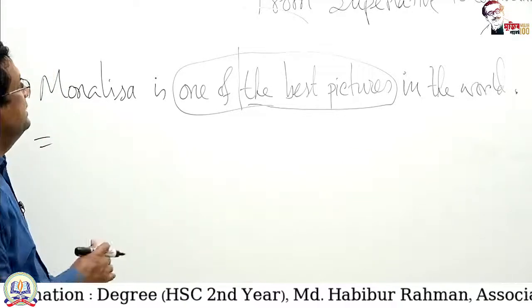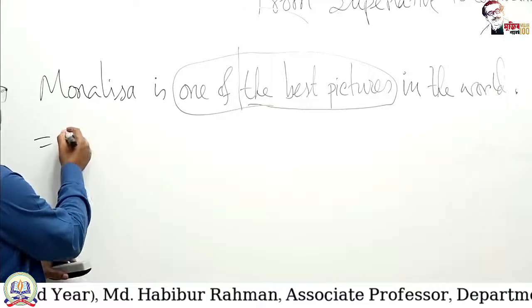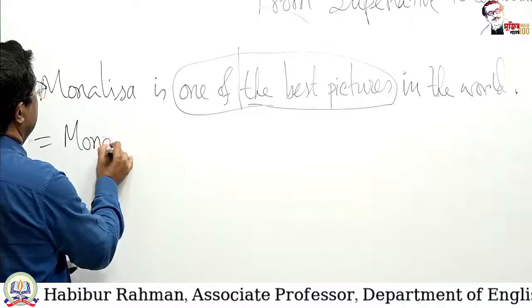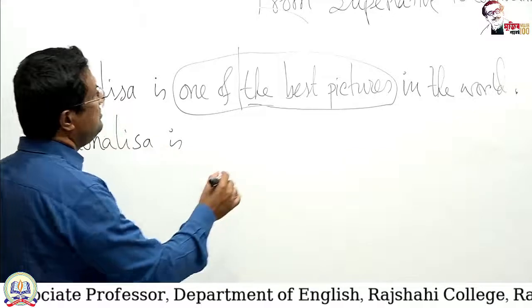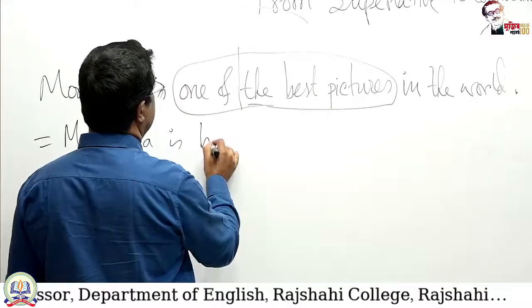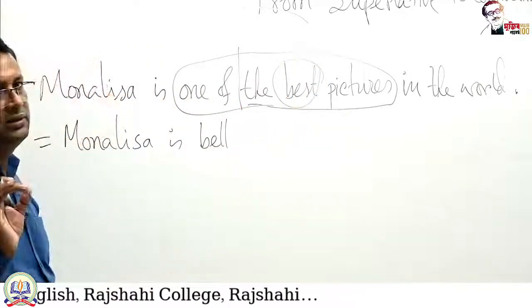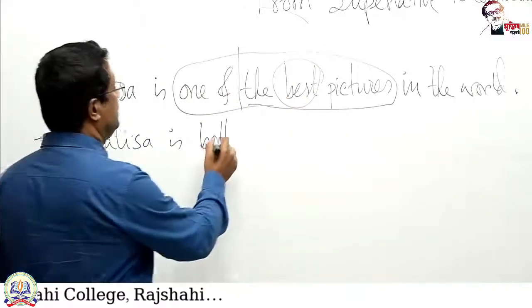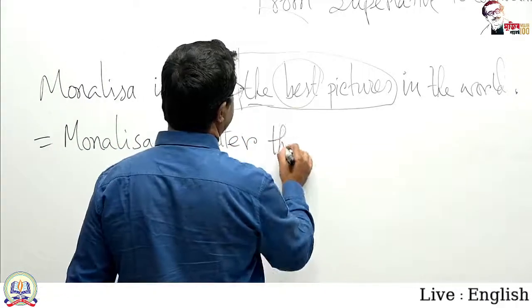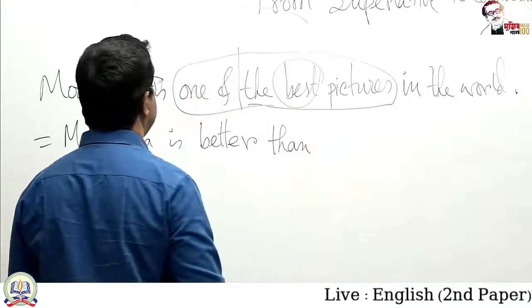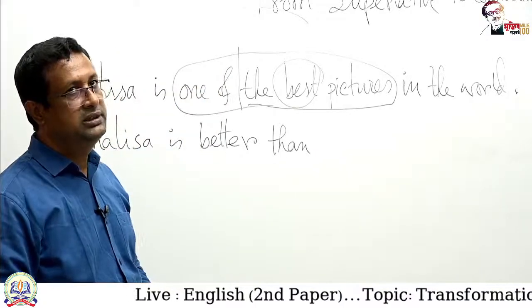There are some other pictures of the highest rank, highest quality. However, in this case, when we change into the comparative form, we will not change the subject. So Mona Lisa will remain here. Mona Lisa is better, as best comes from the word good, better, best. Here we write better. Mona Lisa is better than any other picture, or all other pictures, or most other pictures.